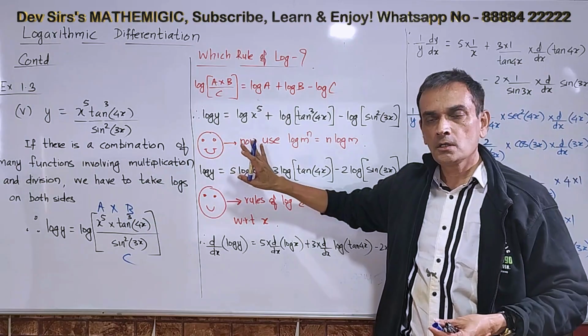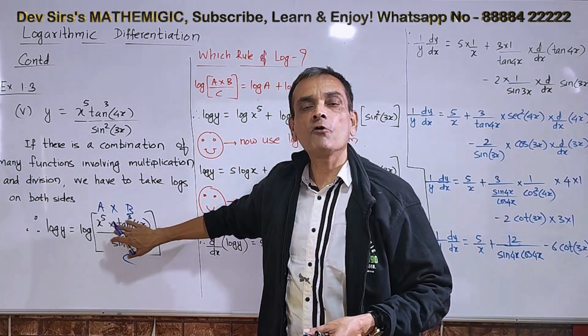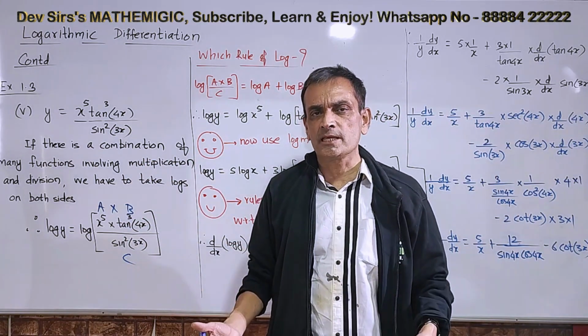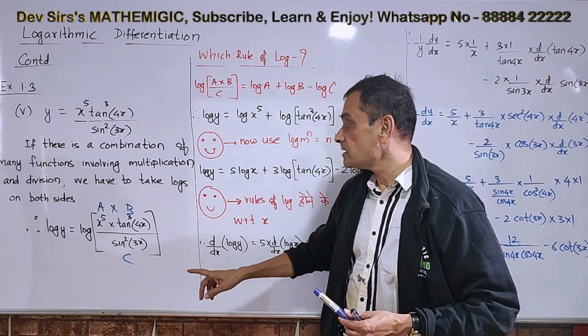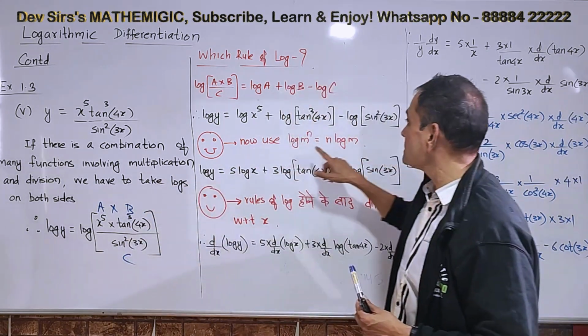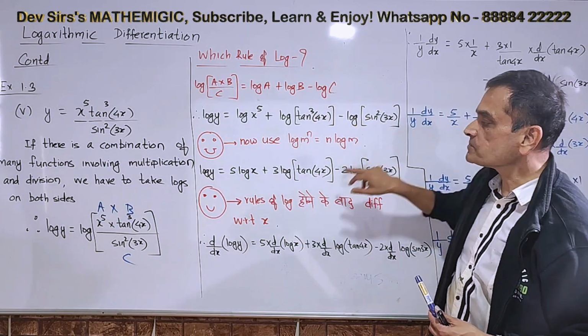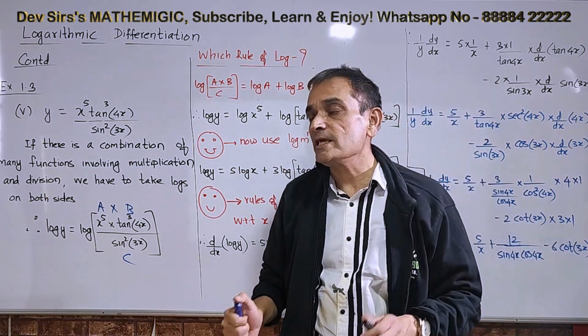Rule of log. If c was in the numerator, log of a into b into c just becomes log a plus log b plus log c. Multiplication just gets converted into addition, but c is in the denominator here, so minus log c. And log c means minus log of sin square 3x. That is the rule of log we have seen.